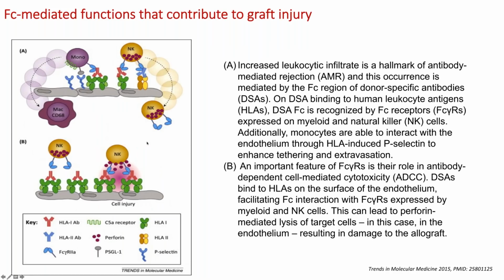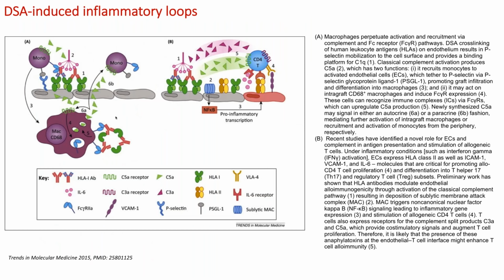Again, this is reinforcing the fact that this is not all antibody mediated, not all a complement fixing problem, but you can also have an Fc mediated function that can contribute to graft injury, where monocytes, tissue macrophages, and NK cells play an important role. And then this DSA-induced inflammatory loop, what does it mean?